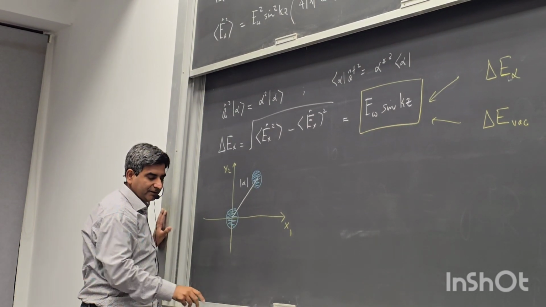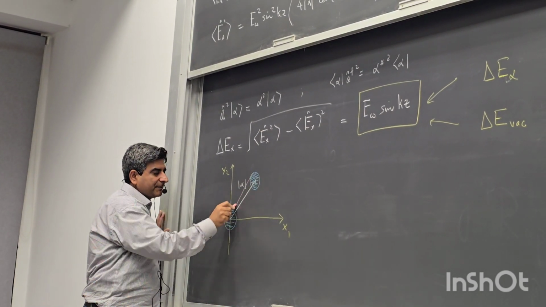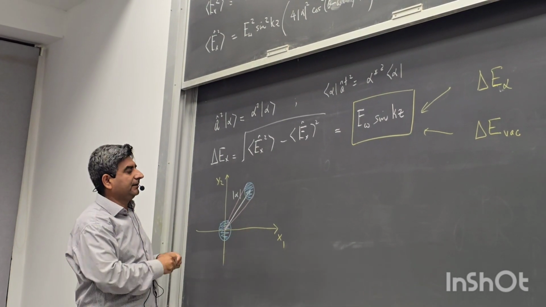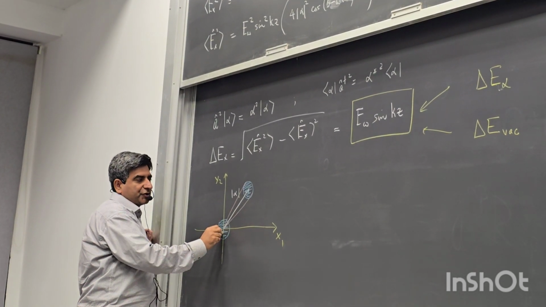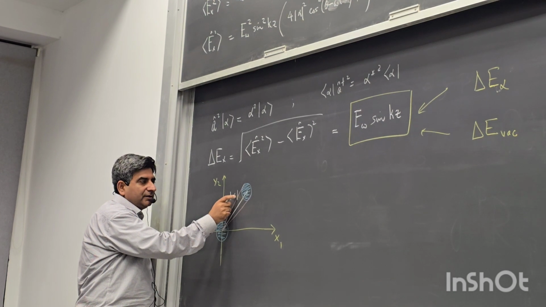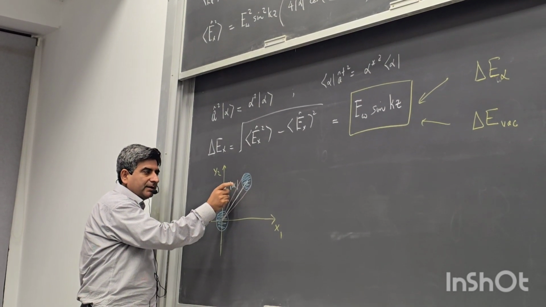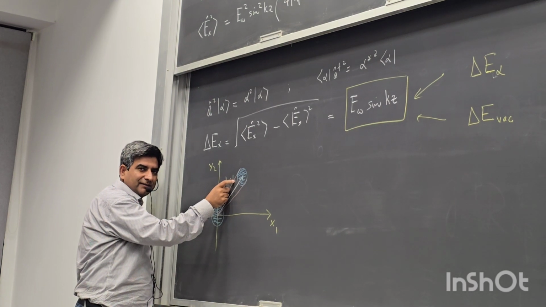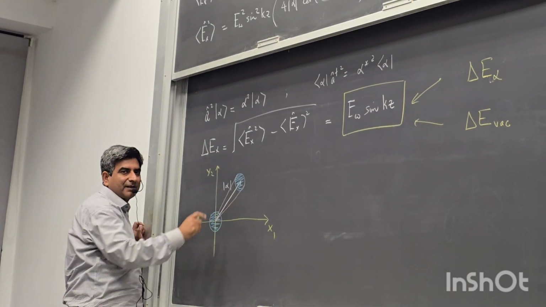Minimum uncertainty, no doubt. Some phase uncertainty given by this opening angle. The distance from the origin of the phase space depends upon the magnitude of alpha, right?